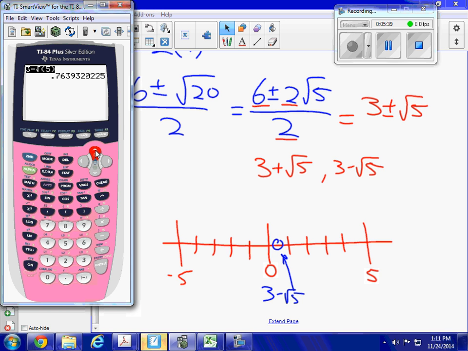And 3 plus the square root of 5 is about 5.23, so that's going to be even a little bit further out, over here. Those are going to be my two zeros of this expression.